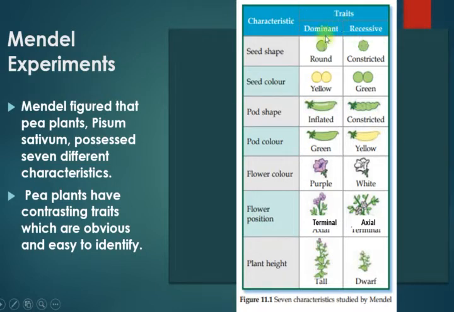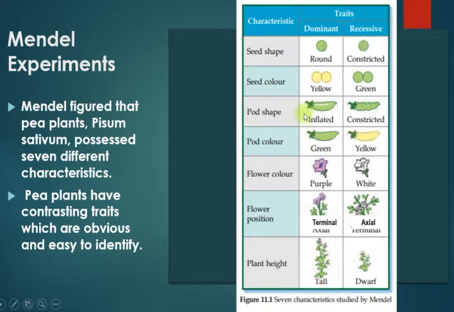Don't worry about these terms, we are going to discuss them more in our next lesson. For the seed color, it also has two contrasting traits, yellow or green.